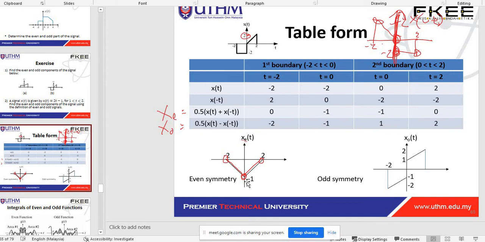Yes, doctor. Yes, if it is a mirror image, this means that the answer is correct lah. So if you know the characteristic of the mirror image, you actually can confirm that the answer you calculate using the x even formula is correct.